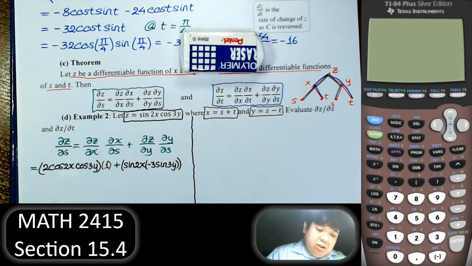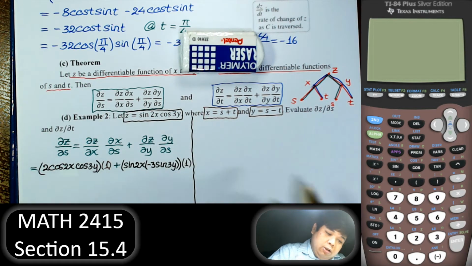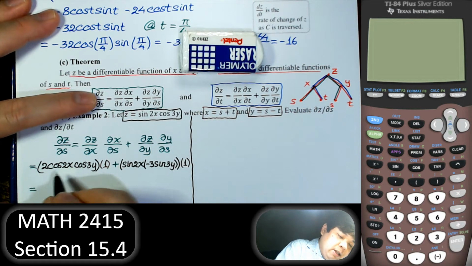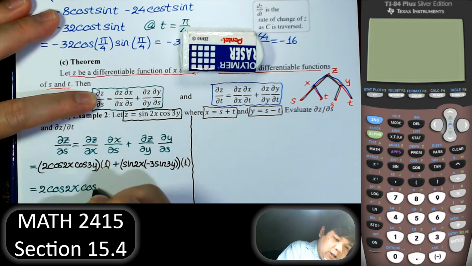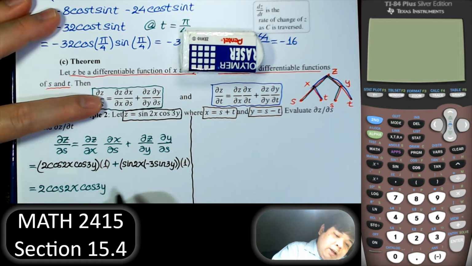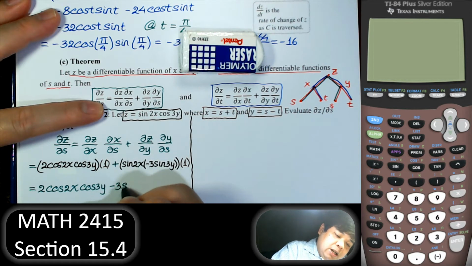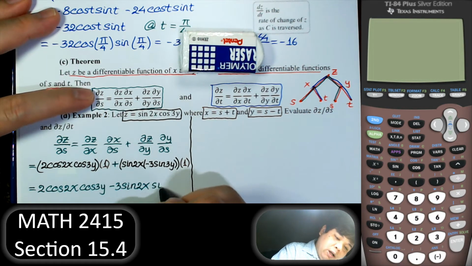Negative t is constant with respect to s, so we still have 1. So that's what we have. We're going to have just 2 cosine of 2x cosine of 3y, minus 3 sine of 2x and sine of 3y.